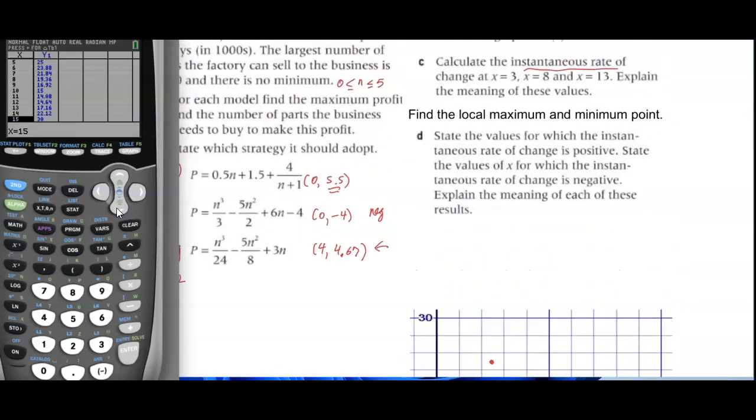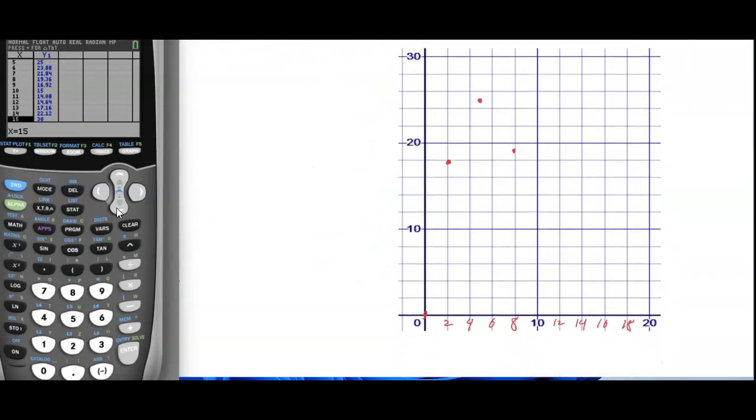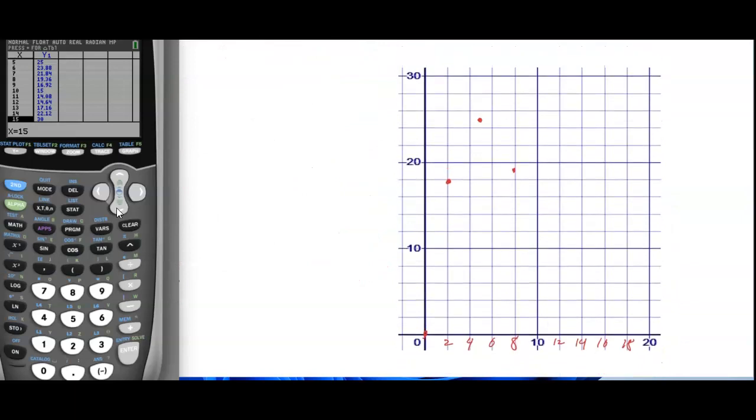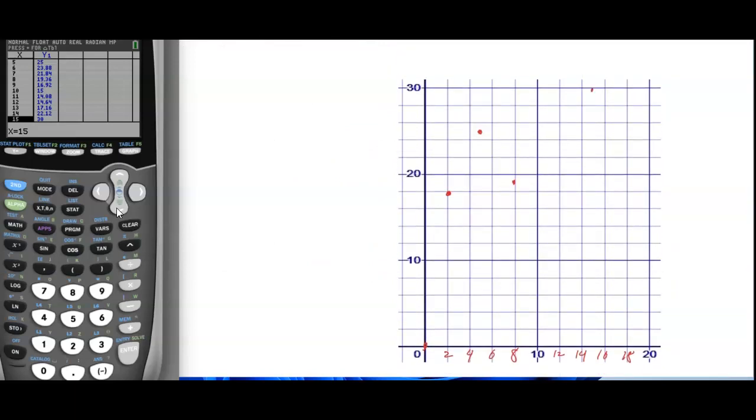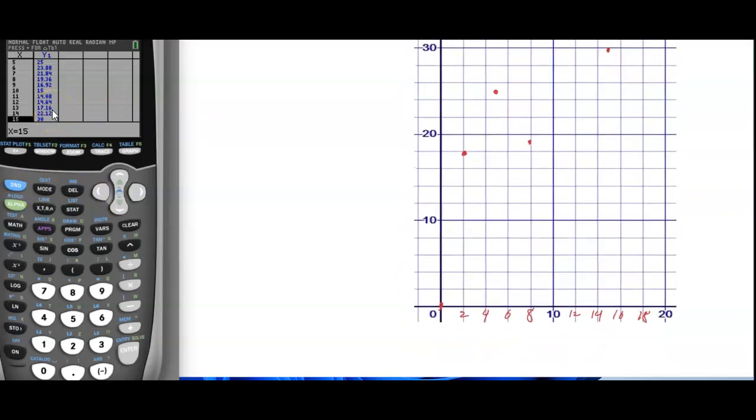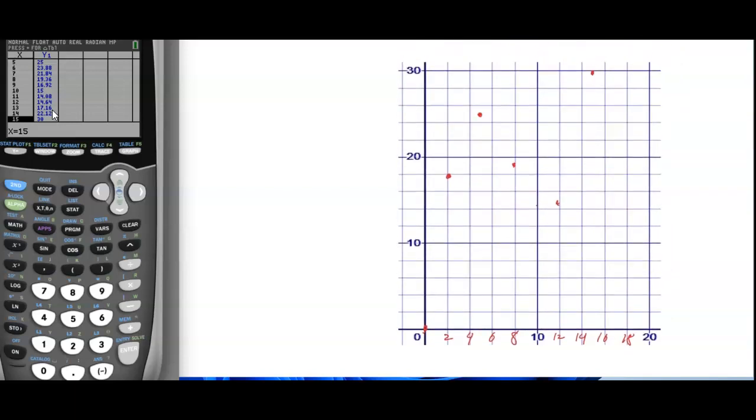Okay, we're going to graph up until 15, right? So 15, 30. 12, 14.64. That's pretty good, right? Let's graph this.